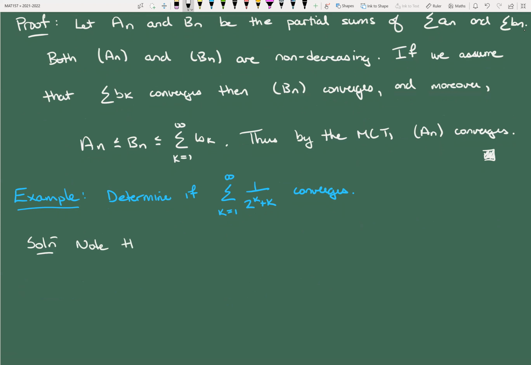So note that 1 over 2 to the k plus k, in this case, because I started at 1, is actually strictly less than 1 over 2 to the k, right? And that thing converges because it's a geometric series whose common ratio is less than 1.